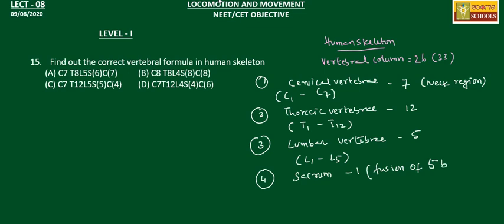The next one is the coccyx, and this is also only one, a fusion of bones. So here we need to take C7, T12, L5, sacrum 1 and coccyx 1.